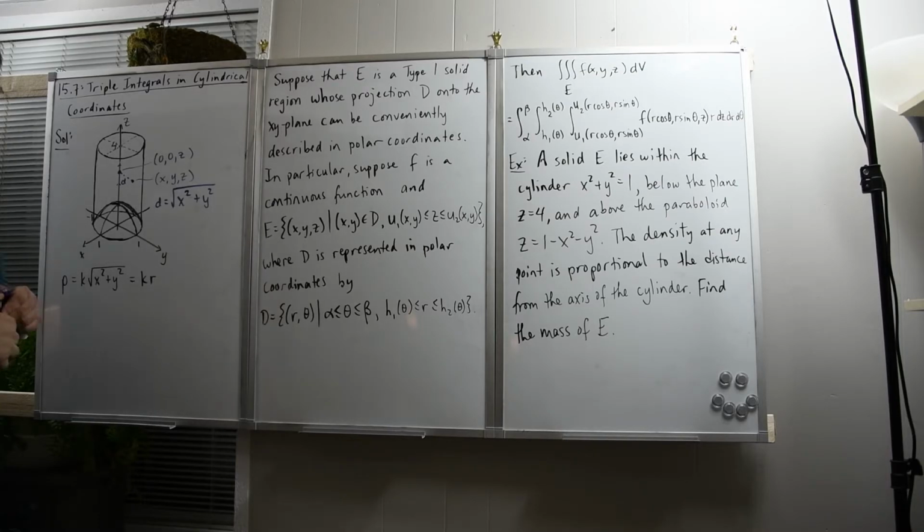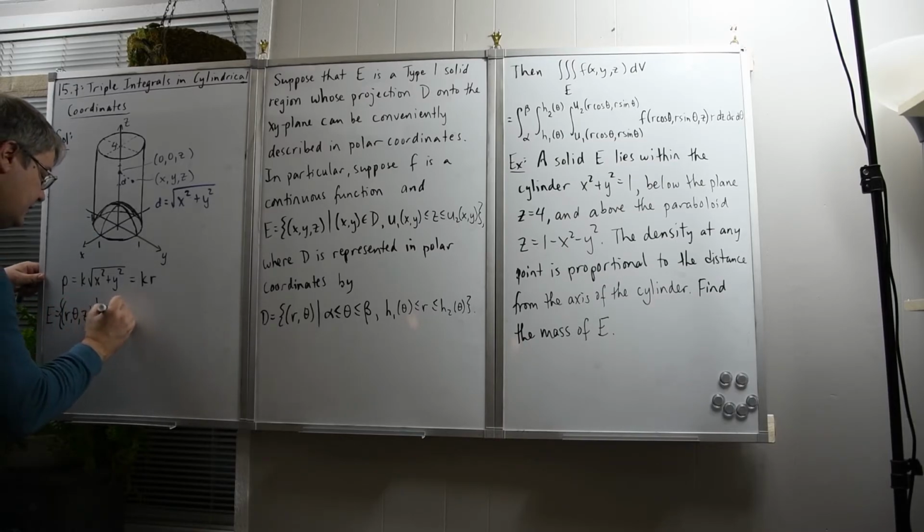Now, we also have to have some sort of description for E. And so if you think about how to describe this solid E, first off, let's keep in mind that theta is going to range from 0 to 2 pi. So when we go to write down our description, we're going to have points r, theta, and z, such that theta ranges from 0 to 2 pi.